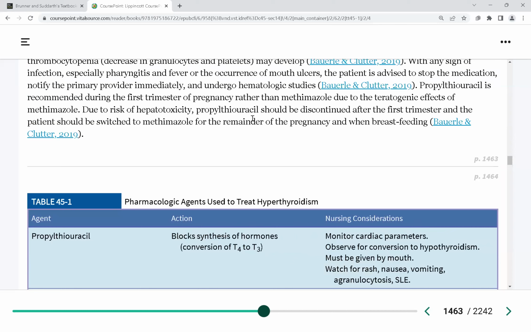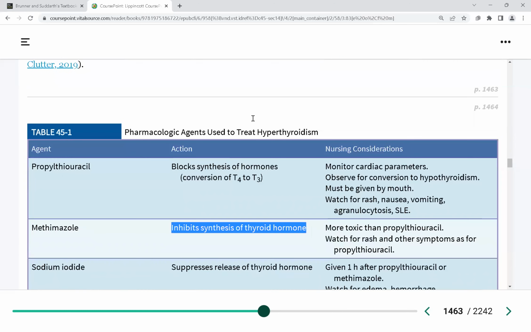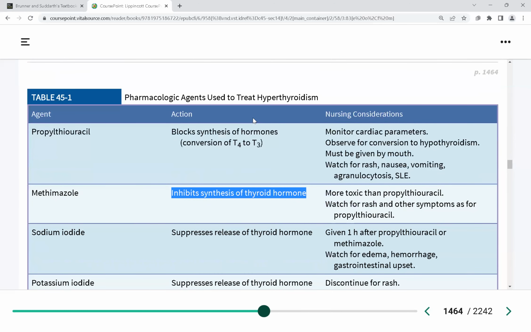What's the role of iodine in thyroid hormone production? Why do we need iodine in order to make what? In order to make T3, T4. You cannot make T3, T4 without iodine.